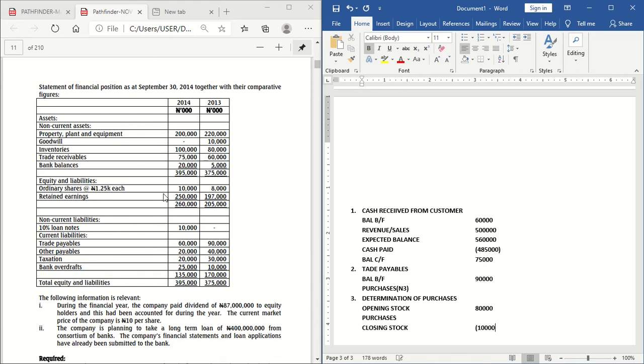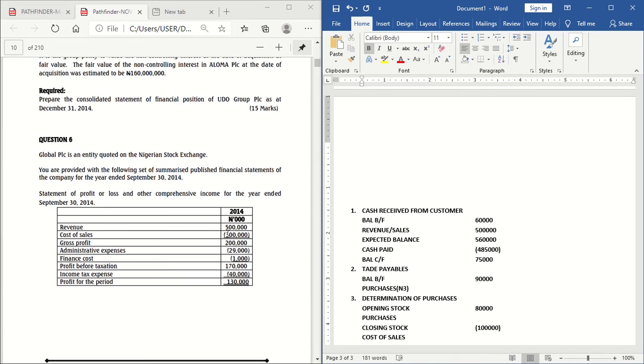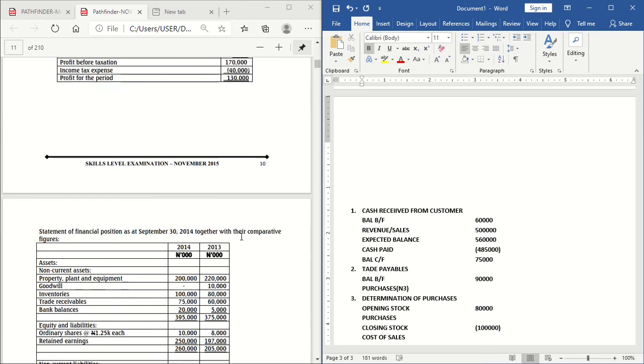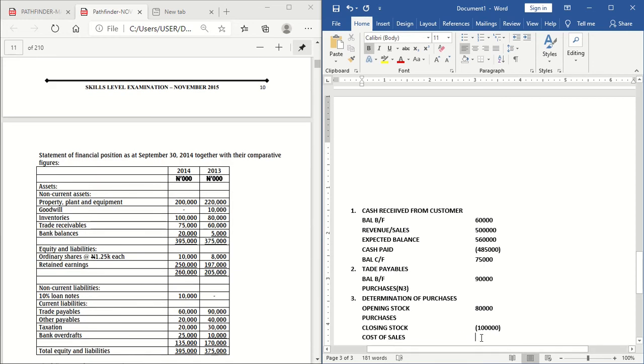100,000. Now, don't forget, opening stock plus purchases less closing stock is what gives us what? Cost of sales. So what is our cost of sales in this question? We are given. So I can come here, my cost of sales is given to be 300,000. So this plus this minus this should give me 300,000.